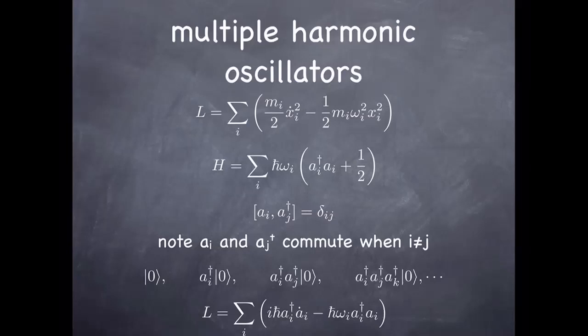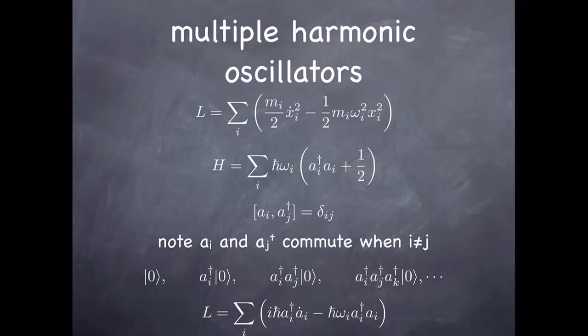And again, remember that the a† commute with each other because they belong to different harmonic oscillators. So when you act a† on the ground state to build up the excited states, it doesn't matter in which order you act the a†. For example, the third state, a_i† a_j† acting on the ground state, again, I have to speak because I don't have a pointer.